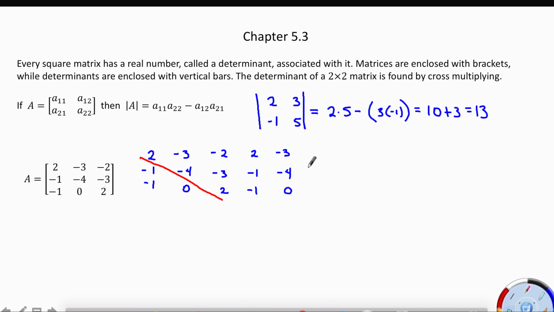All right, so this is going to be 2 times negative 4 times 2, so negative 16, plus negative 3 times negative 3 times negative 1, so plus negative 9, plus negative 2 times negative 1 times 0.